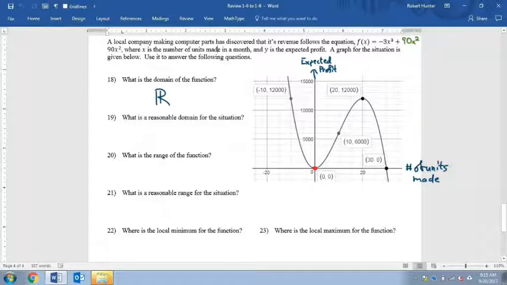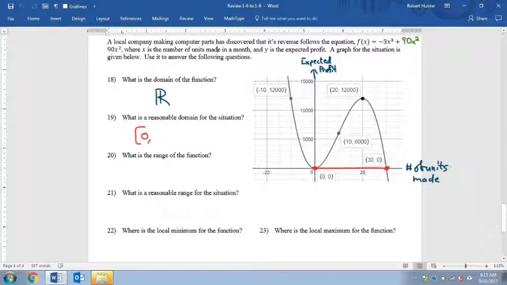And you could go to the right, I can make 30, I can make 40, I can make 50, but can you go to infinity? No. And actually, based upon this, if your profit drops below 0, you're a fool. So we're going to stop it right there as a reasonable domain, because we want to keep our profits positive. All right? So a reasonable domain is from 0 to 30.